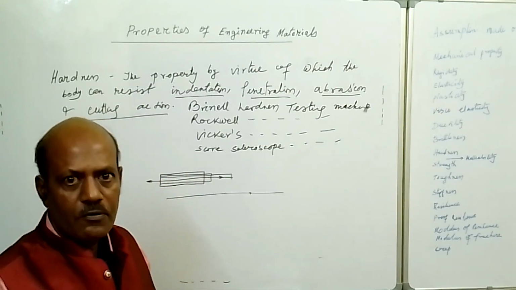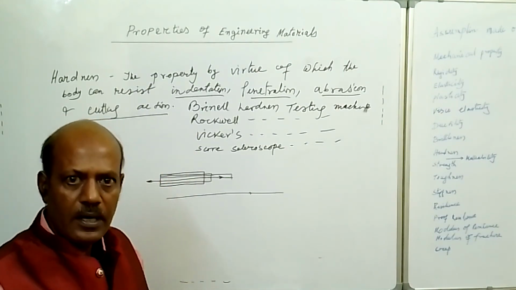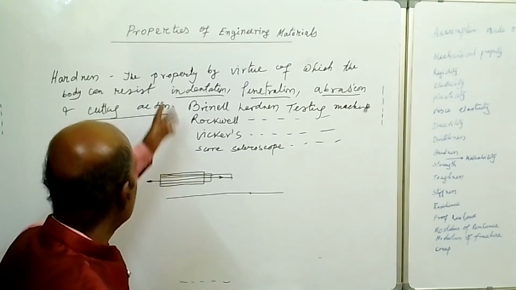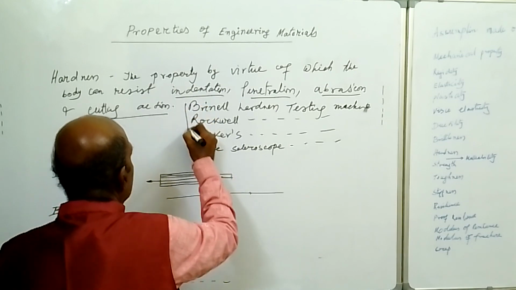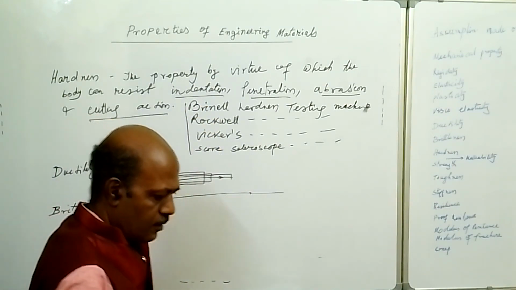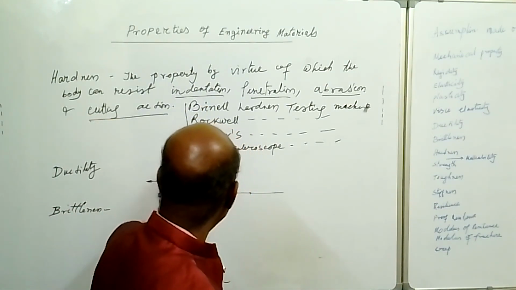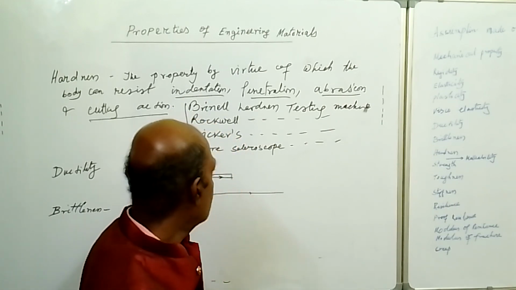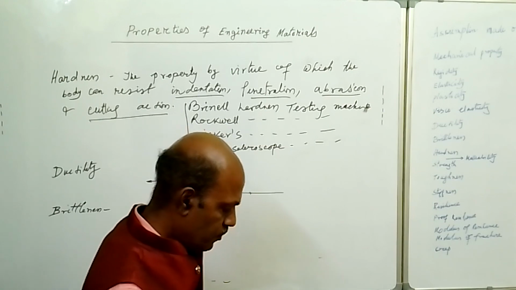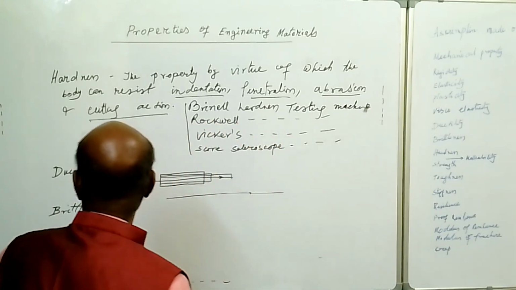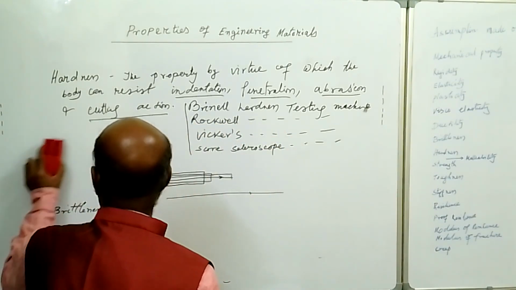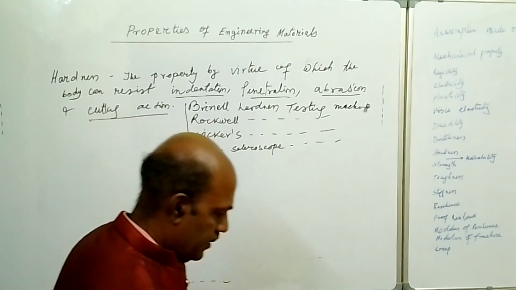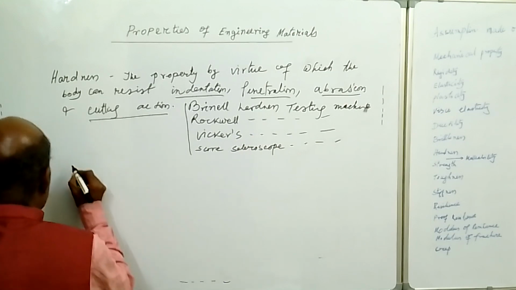These are the various principles by which the hardness of a body is measured, and the hardness of the body is tested by these methods, that is Brinell hardness testing method, Rockwell hardness testing method, Vickers hardness testing method and Shore scleroscope testing method. Now we will see another property, that is malleability.